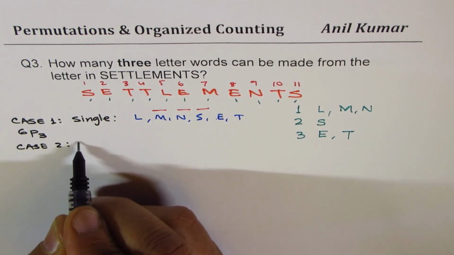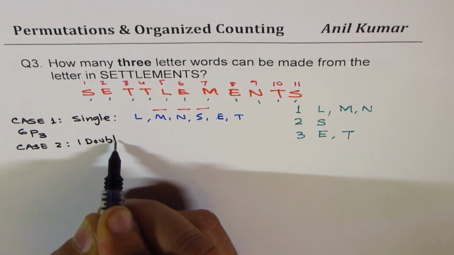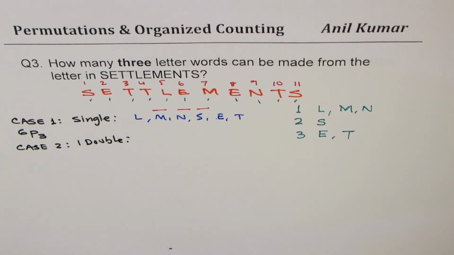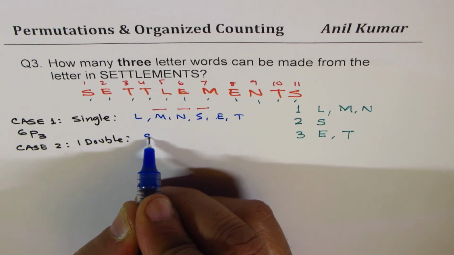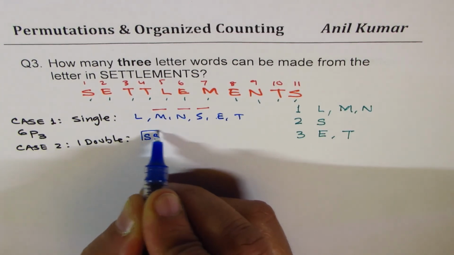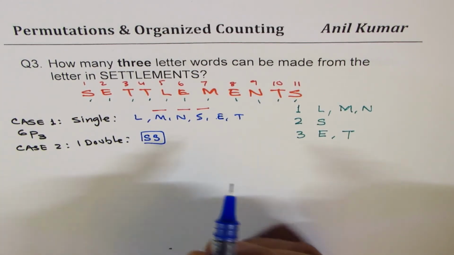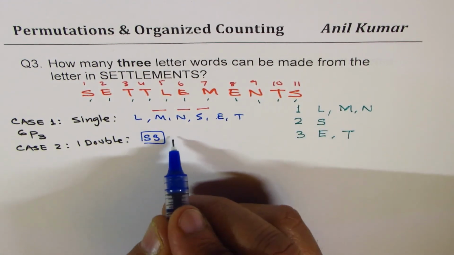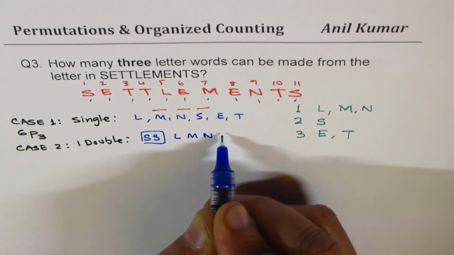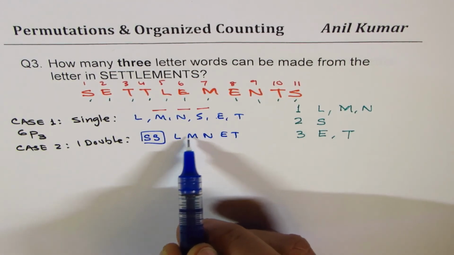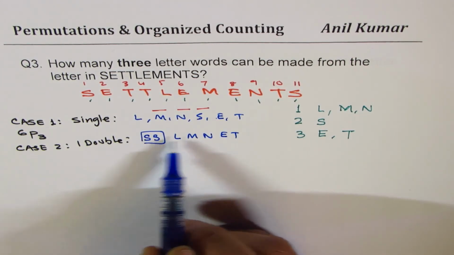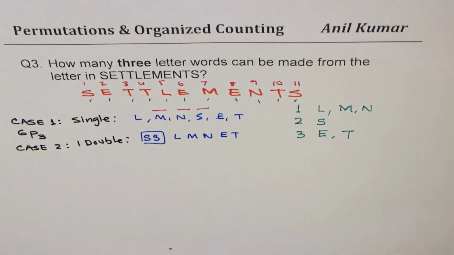Now let's do case 2. Case 2 means 1 double. Again, what combination could we take? Well, let's take 2 S's first, right? That is 1 double I'm taking, and the others are all single, which is L, M, N, E, and T. So we are left with 1, 2, 3, 4, 5, 6, 7, right? And we have to fill in 3 spaces.